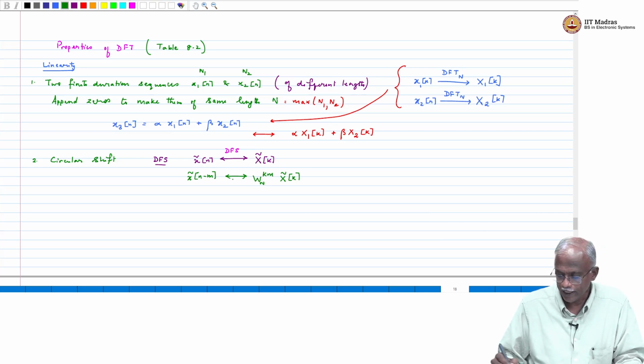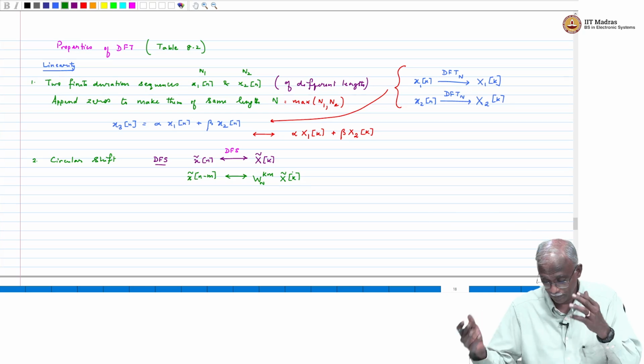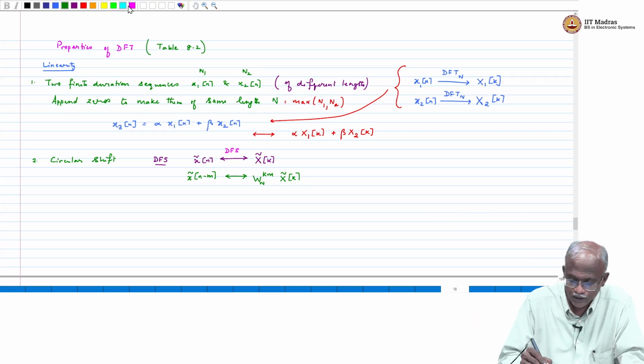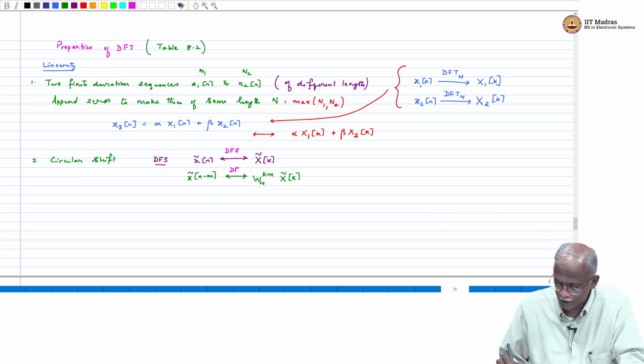It depends on m and k, multiplying the corresponding DFS coefficient. So this is also a DFS relationship.